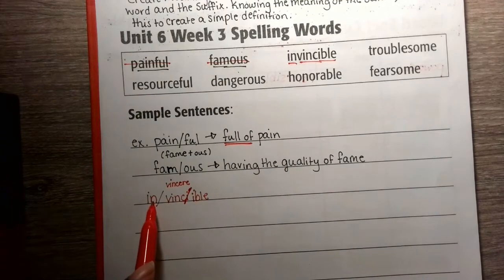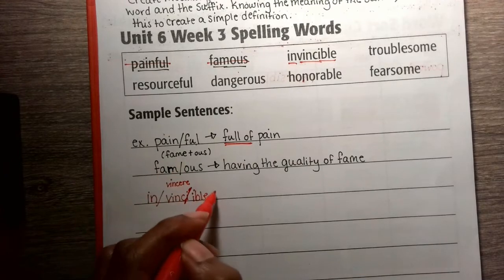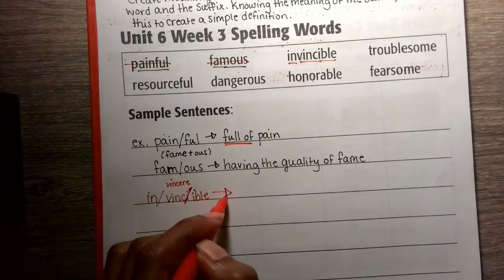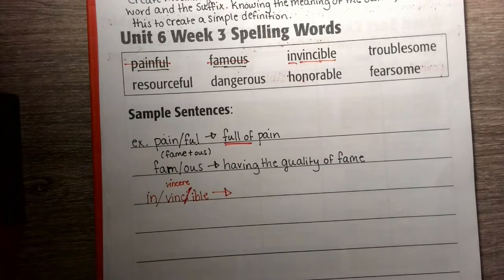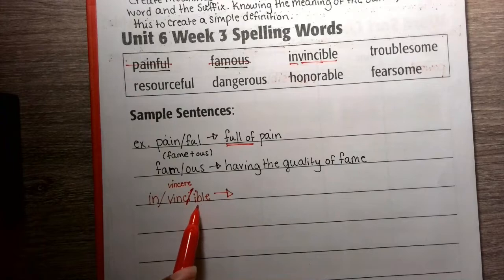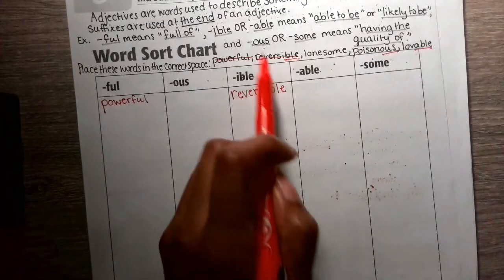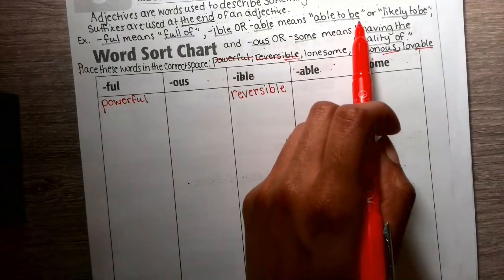So then this becomes invincible when we have that together. I'm forgetting what able means, so I need to go to the back. And I see able means able to be or likely to be.